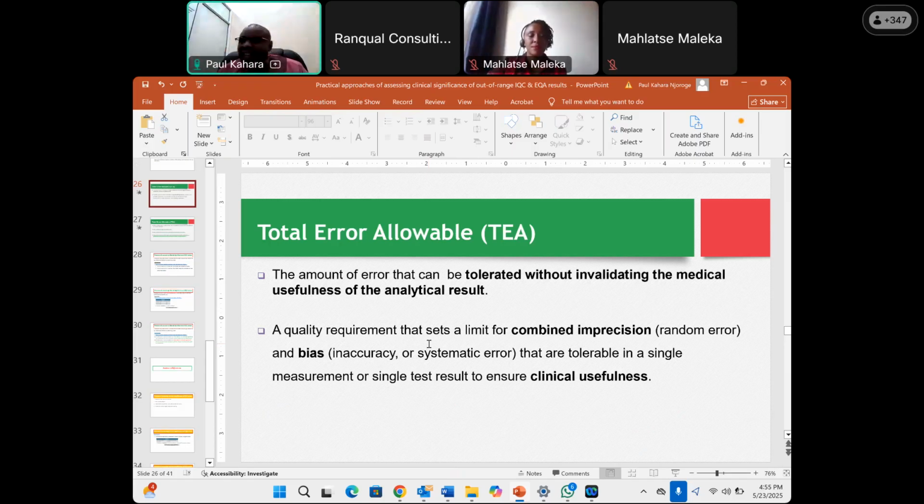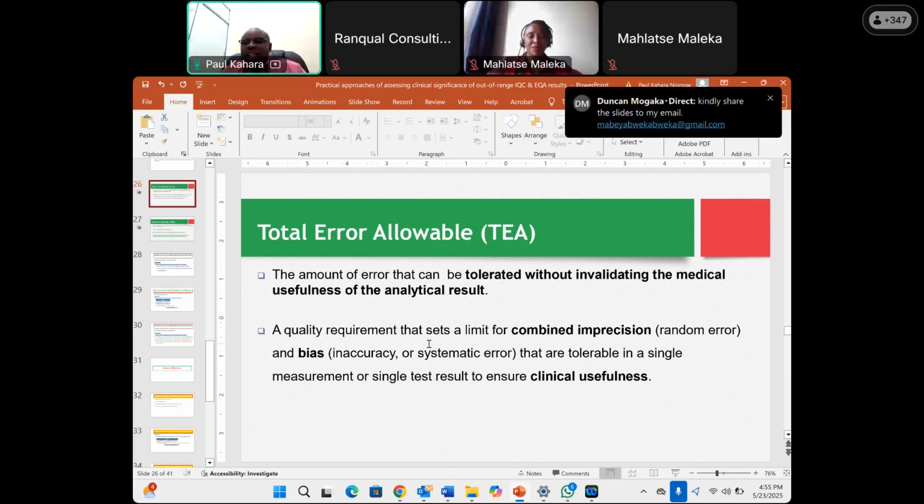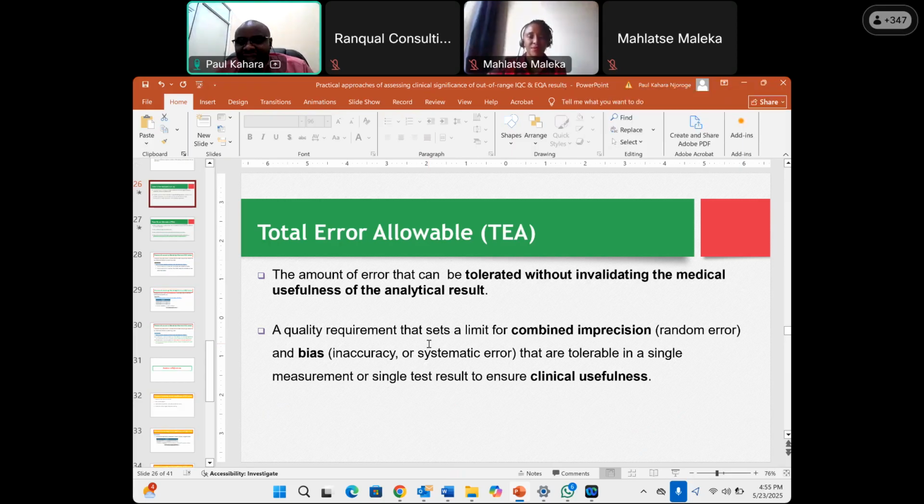So of course we'll go ahead and start the process from recording this as a nonconformity, doing a root cause analysis, and establishing why this problem might have happened. Now, if you realize that the failure happened because of reasons to do with the reagents, and probably it was a particular batch of reagents, you can try and take another batch.